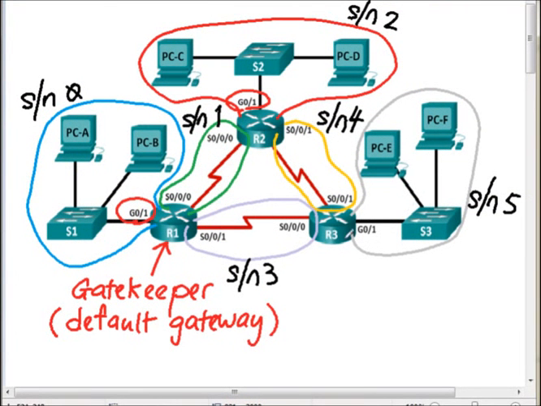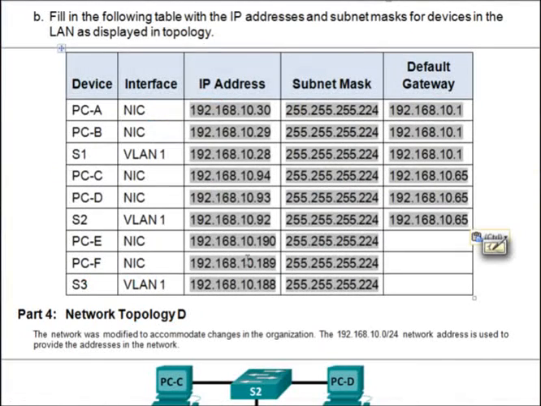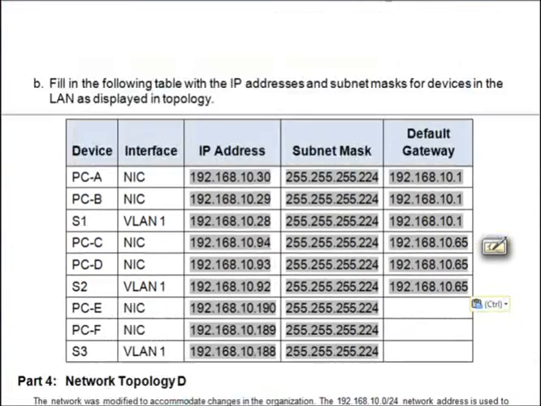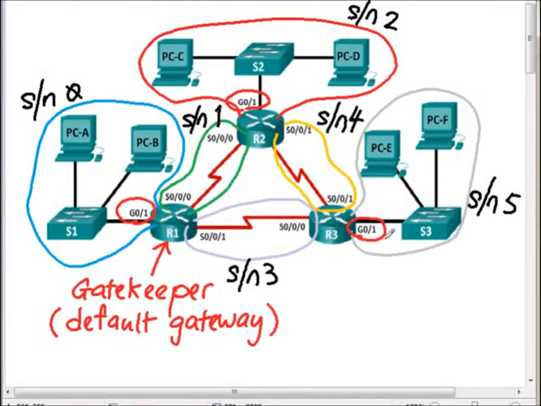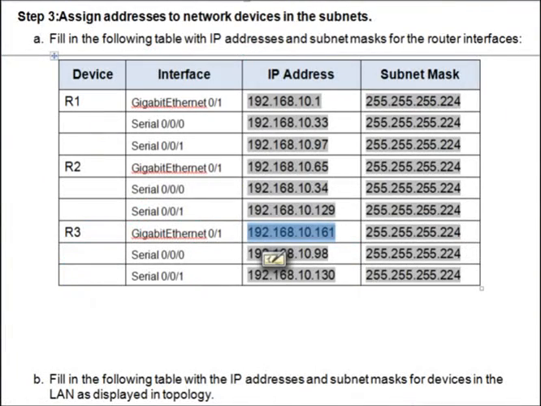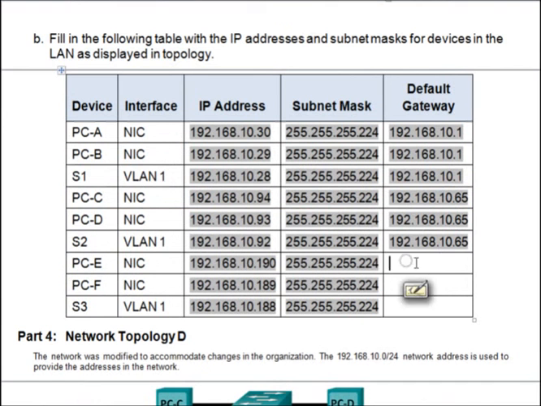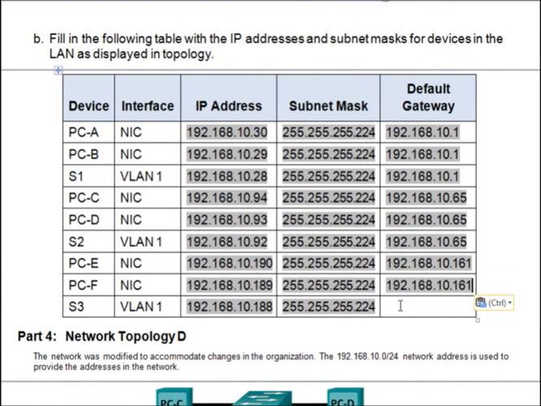Their default gateway is G0/1 of R3. Let's take a look at G0/1 of R3. In this case, it is 10.161. So this is our default gateway address for the R3 subnet. Okay, so that's the answer for the IP address, subnet mask, and default gateway for the 3 subnets.